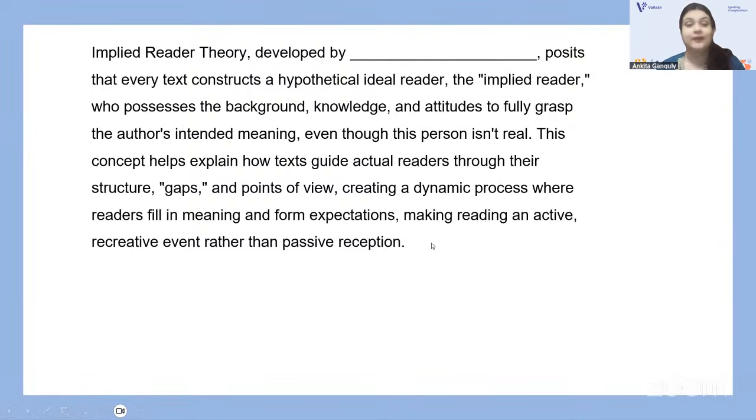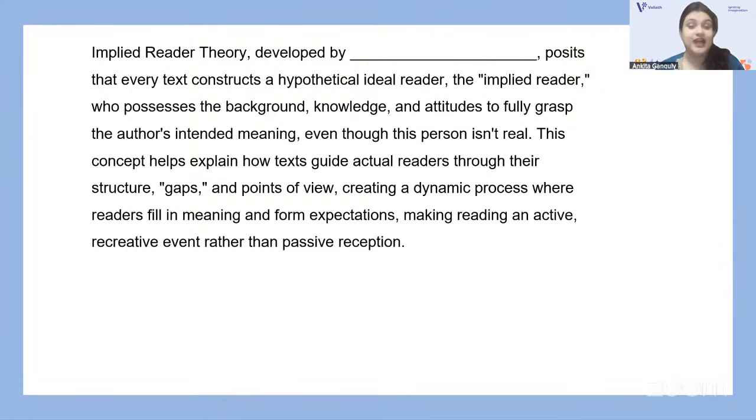Next, implied reader theory developed by Dash posits that every text constructs a hypothetical ideal reader, or the implied reader, who possesses the background knowledge and attitudes to fully grasp the author's intended meaning, even though this person is not real.